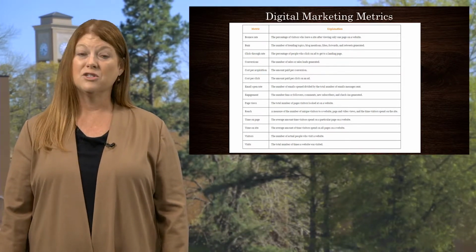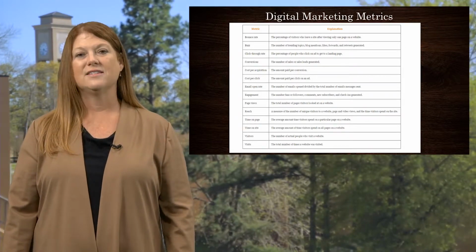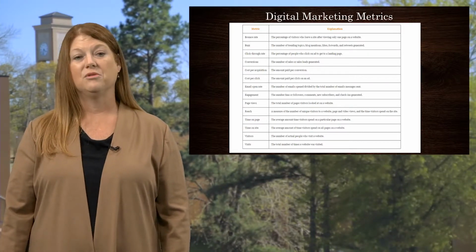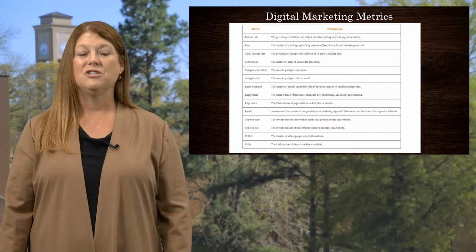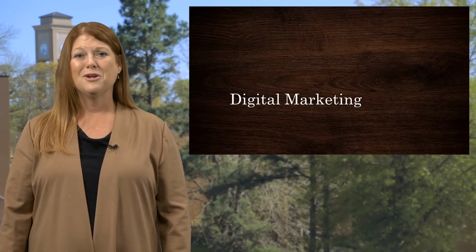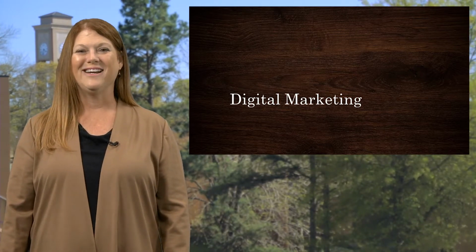Whereas within the digital realm, it's extremely easy, because we can measure how long they stay on the site, whether they clicked through, how many pages they went through, all of these other metrics that you can use to see if it's effective.